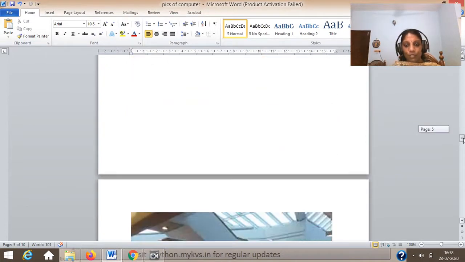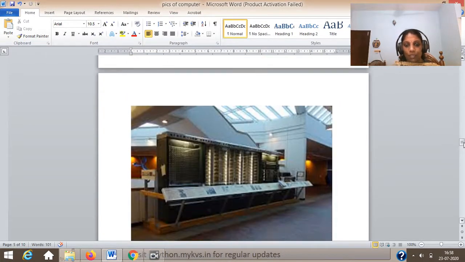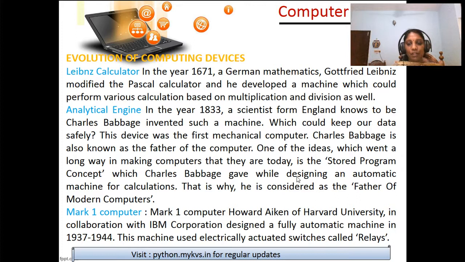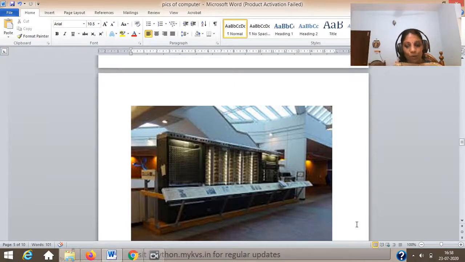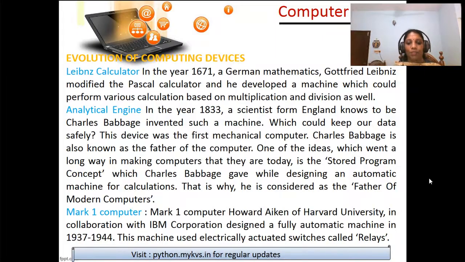We don't have to worry about how the working process is, but this is slightly different from an analytical engine, isn't it? When you learn, differentiate on the basis of the points given here. The analytical engine introduces the stored program concept. This also has a stored program concept, but it uses electrically actuated switches called relays. So both have a similarity here.